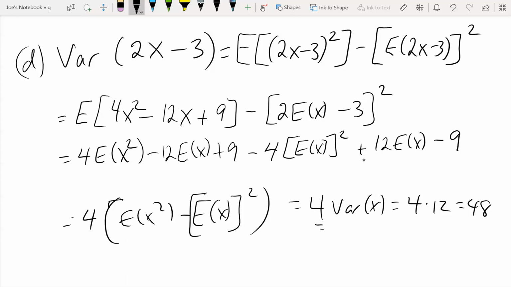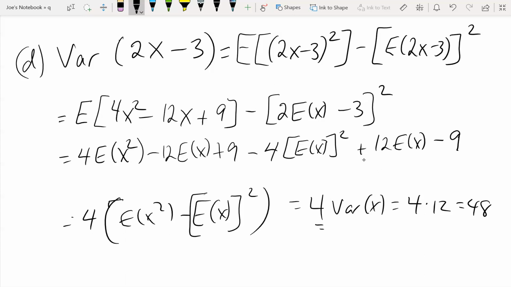If I double their size, it's actually going to make 4 times the spread. But if I shift numbers, does the spread change? Do they get more spread out if all I do is pick them up and move them to a different spot? No. So the minus 3 doesn't do squat to the variance. It doesn't spread them out any more or any less.